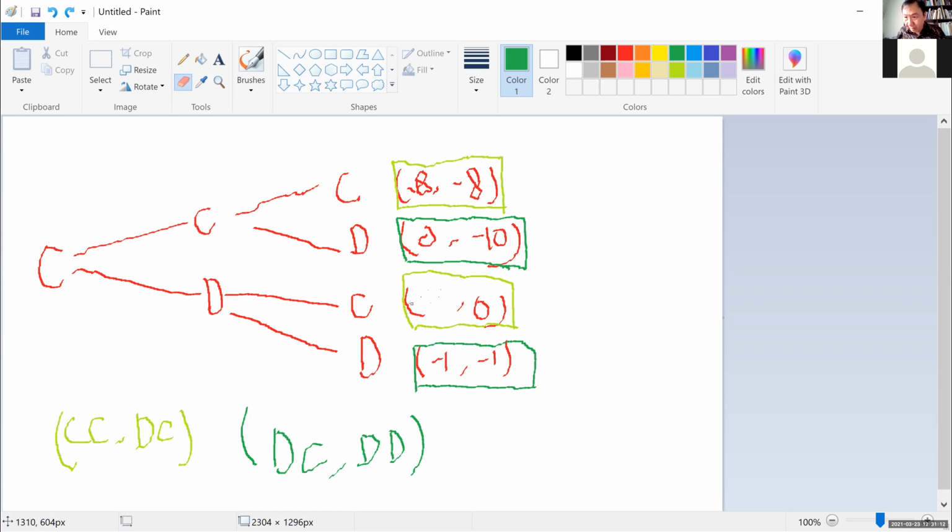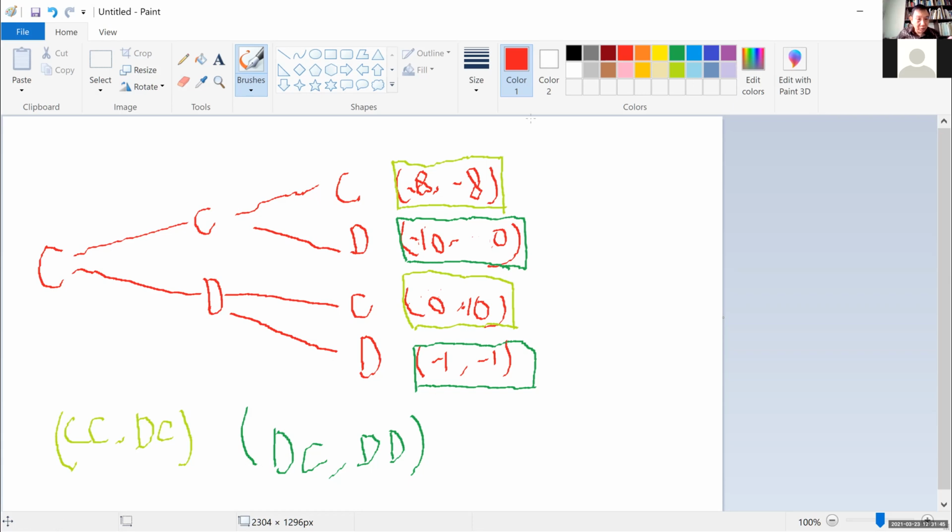That is minus 10, 0. So DC is minus 10, 0. And then CD is 0, minus 10. And then DD is still minus 1, minus 1.